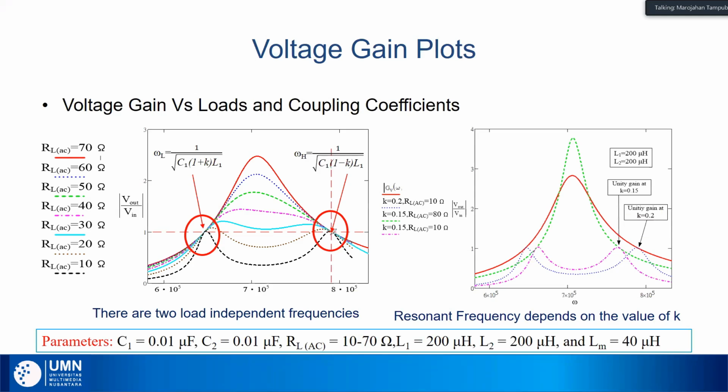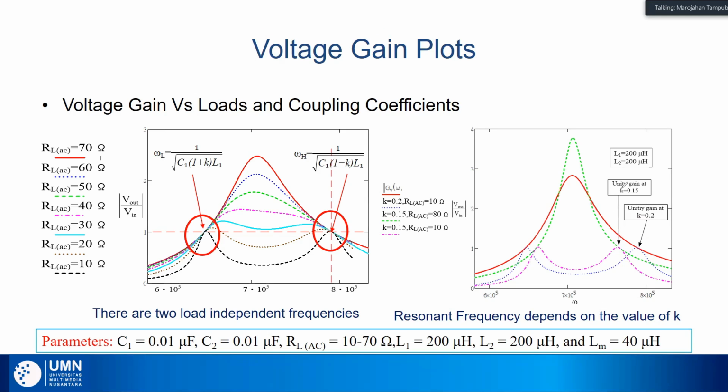It means the output voltage is not heavily dependent on the load. But if we want to change something, we can also utilize these 2 points here. Okay, and another figure here on the right side is the relationship between the voltage gain and the coupling coefficient.